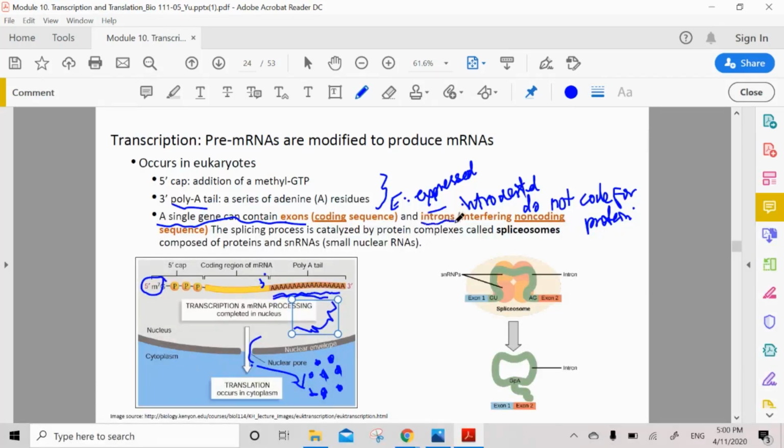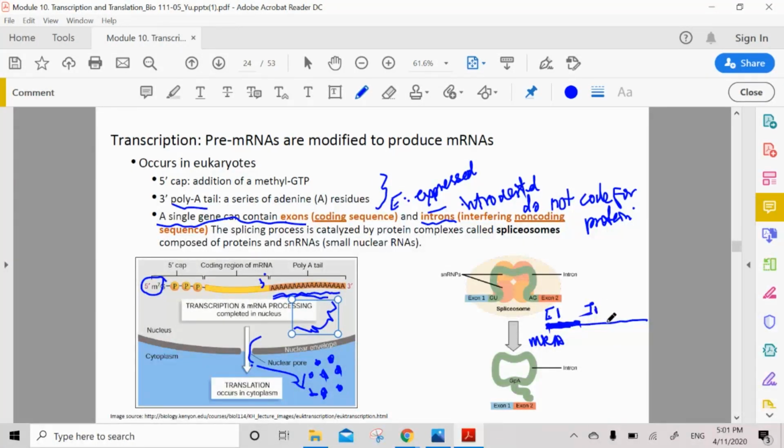Because those introns are not coding for any proteins but they are transcribed into messenger RNA, that non-coding sequence is part of the mRNA. So when you look at mRNA, I can't do different colors, but I'm just going to make it thicker. This is exon 1, and then this part is intron 1.